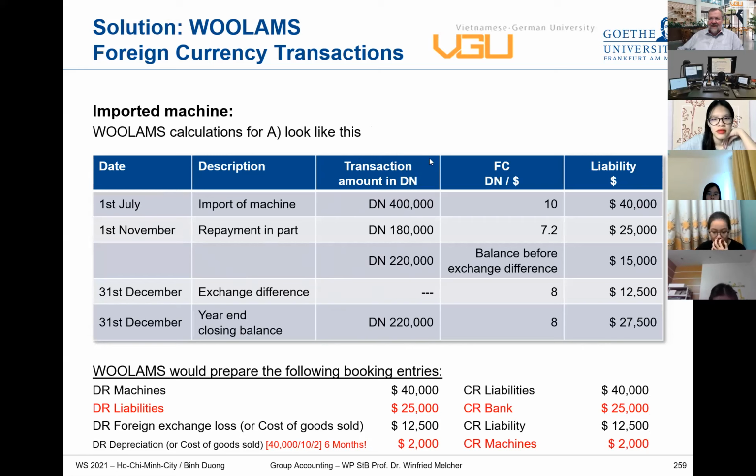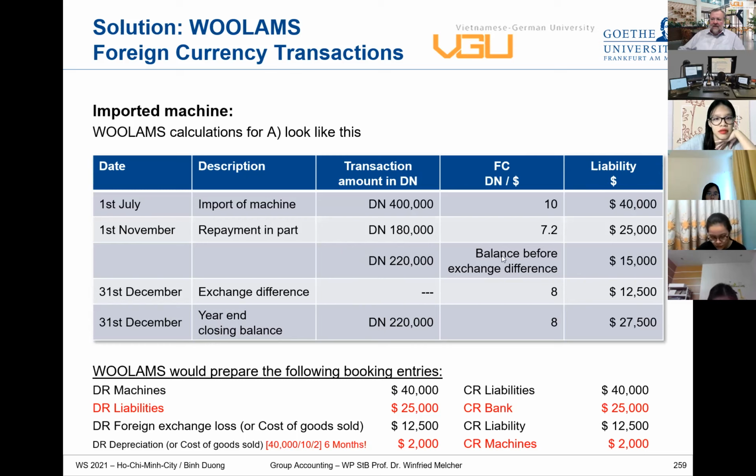We had to translate those transactions at the transaction date rate to the liability, so we are able to record in the functional currency. So that is the dollar in this case. We have a liability of 40,000 by the importing of the machine. We repaid in part only 180,000. So 220,000 is the year-end closing balance in the foreign currency, in dinar. We have to translate that at the closing rate into 27,500.